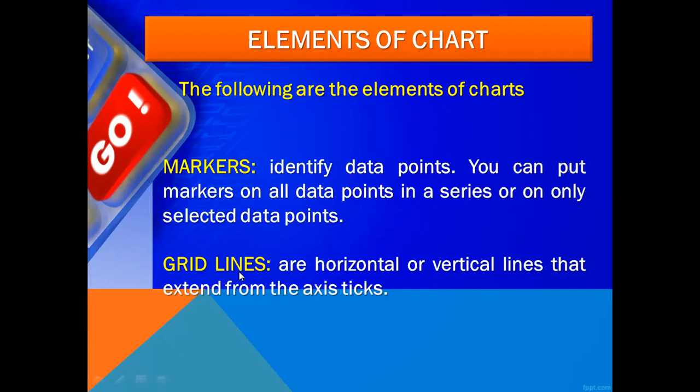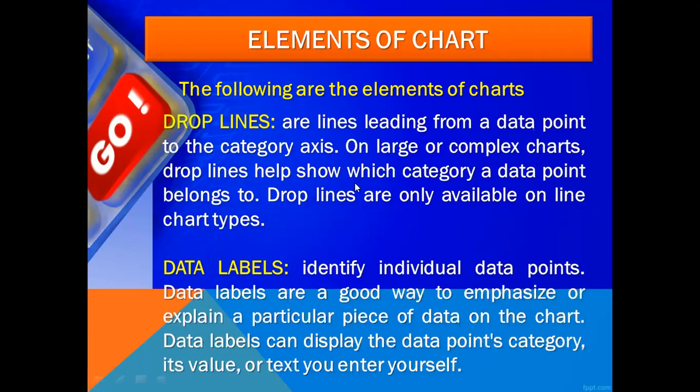Next is the grid line. Grid lines are horizontal or vertical lines that extend from the axis ticks. You can use these lines horizontally and vertically. Now next are the drop lines.